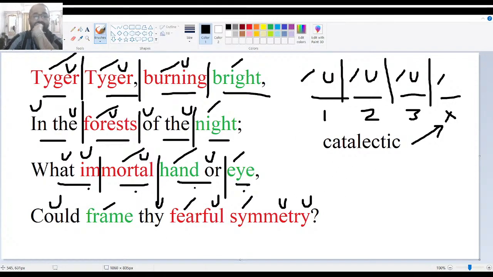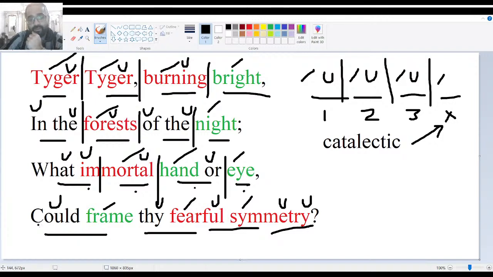And then in the last line you have something very interesting. Notice that this is an iambic line. Could frame thy fearful symmetry. Could frame thy fear, 1 2 1 2, again full symmetry, 1 2, trimeter, pyrrhic.